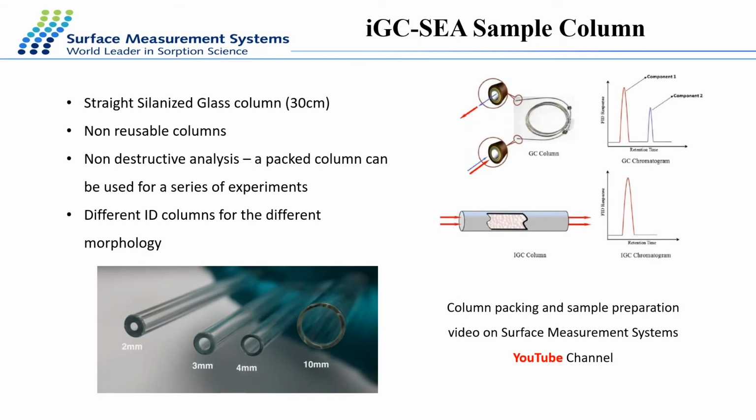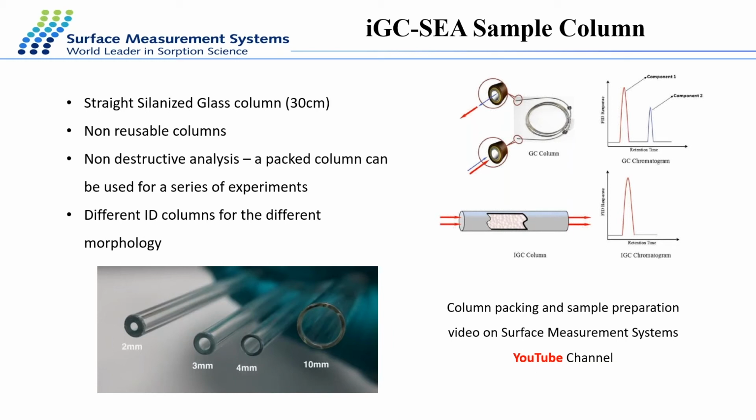Our iGC-SEA system has glass columns with different inner diameters, as you can see in the picture. These are straight sterilized glass tubes, all of them 30 centimeters long. These are non-reusable columns.